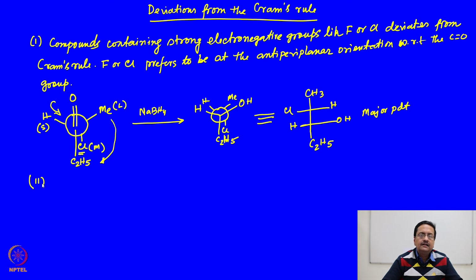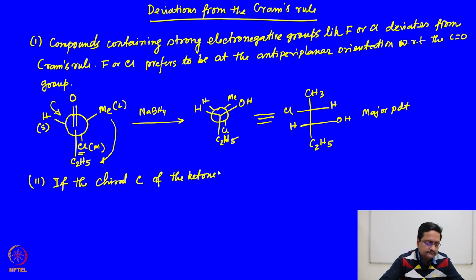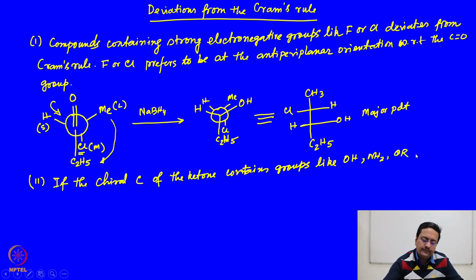The second deviation that is observed is in the case where the chiral carbon of the ketone contains groups like OH, NH2 or OR, which are capable of forming hydrogen bonds or dative or coordinating bonds.